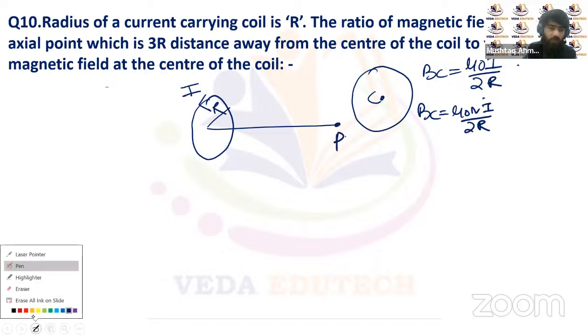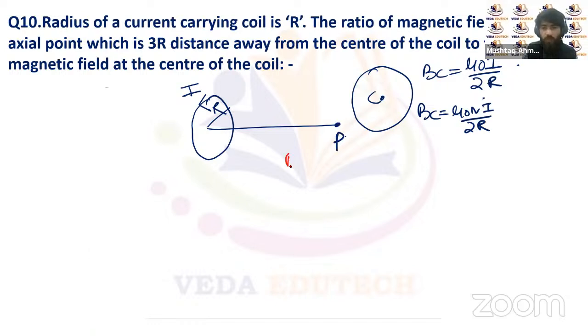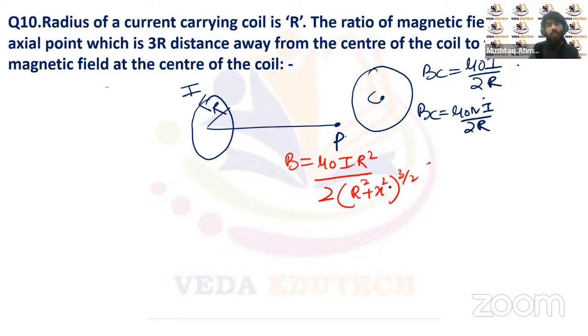The magnetic field at the axial point is given as mu naught I r square upon 2 times r square plus x square to the power 3 by 2, right? So this is the net magnetic field at the axial point because of this current carrying loop.